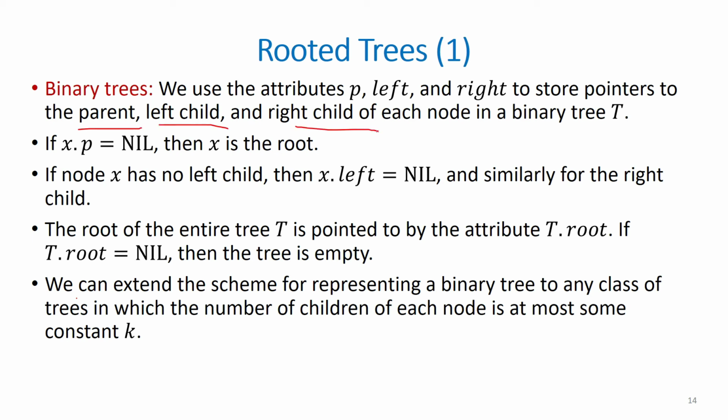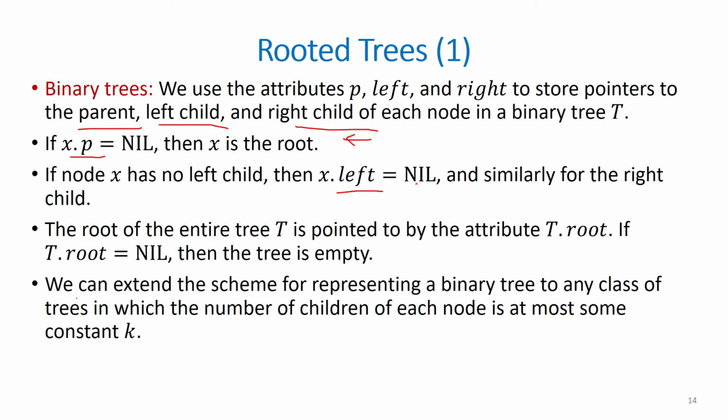To keep track of these attributes for any node x, we use x.p to denote the parent of x, x.left to denote the left child, and x.right to denote the right child. Since it is a binary tree, each node can have at most two children. It is easy to see that if x.p is equal to nil, then x has no parent and is therefore the root of the binary tree.